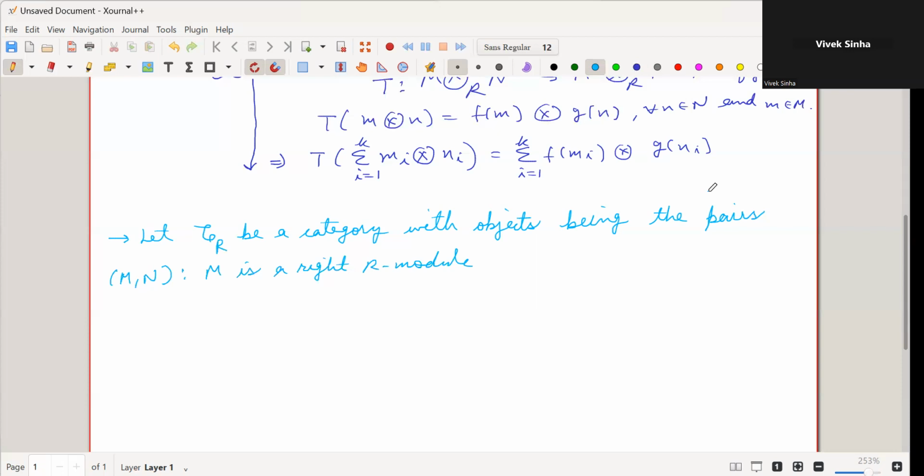For a given ring R, we can define a category C of R.